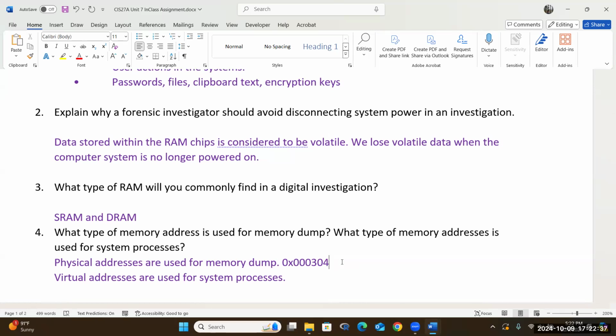Now, most of our modern systems are 64-bit, right? As you install your Windows 11, it will tell you it is a 64-bit OS. That means that it uses a quad word, 4 words, and each word is 16-bit.